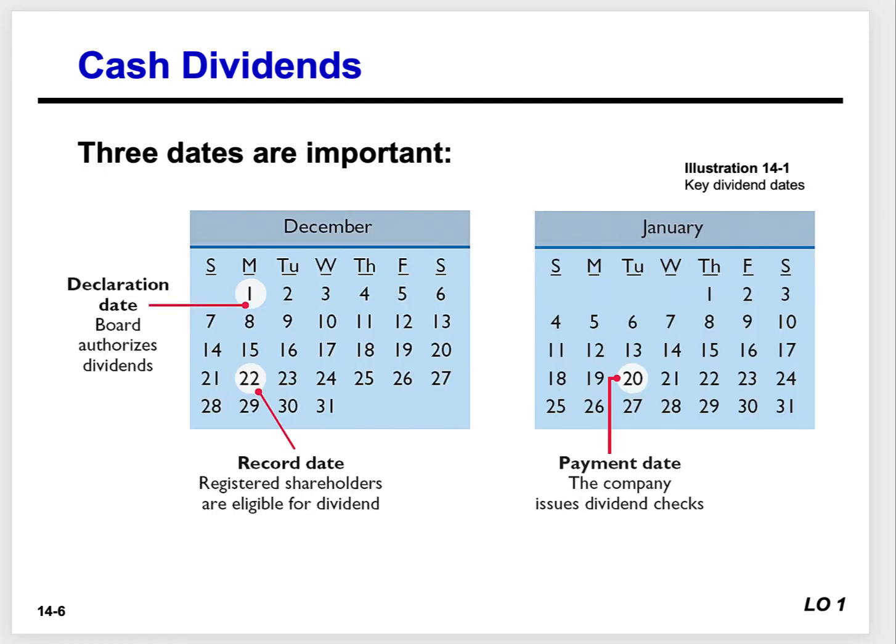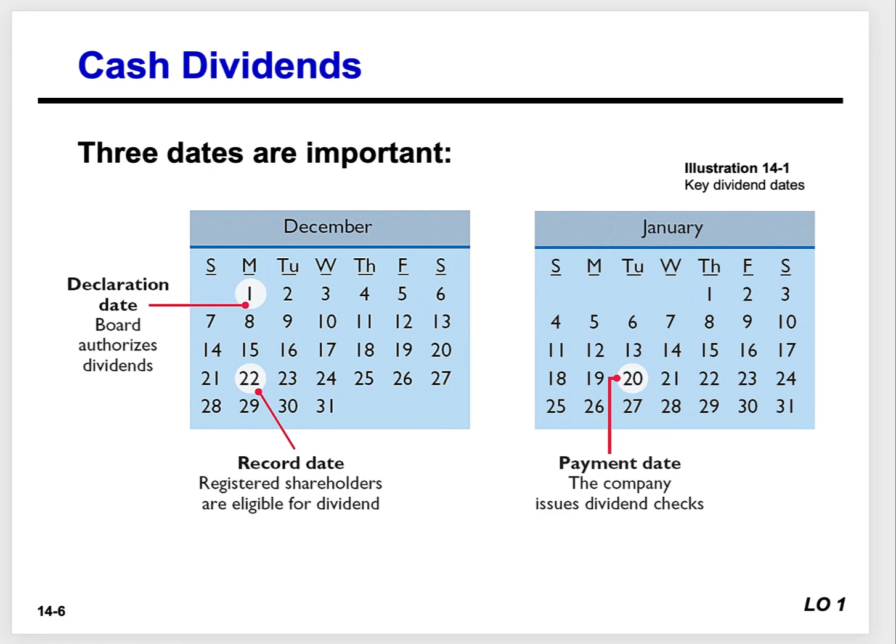We talked about 3 very important dates. The declaration date. What's the declaration date? That's when the board of directors says, we're going to pay a dividend. They authorize the payment of a dividend on the declaration date. We have a legal obligation. We have to make a journal entry on the declaration date. The record date.